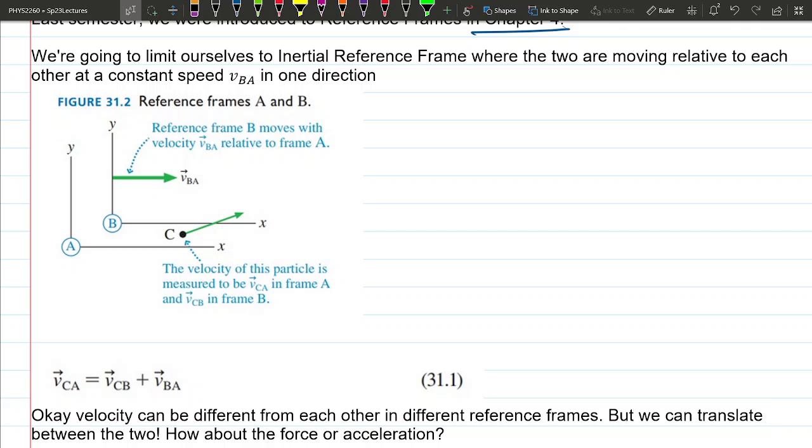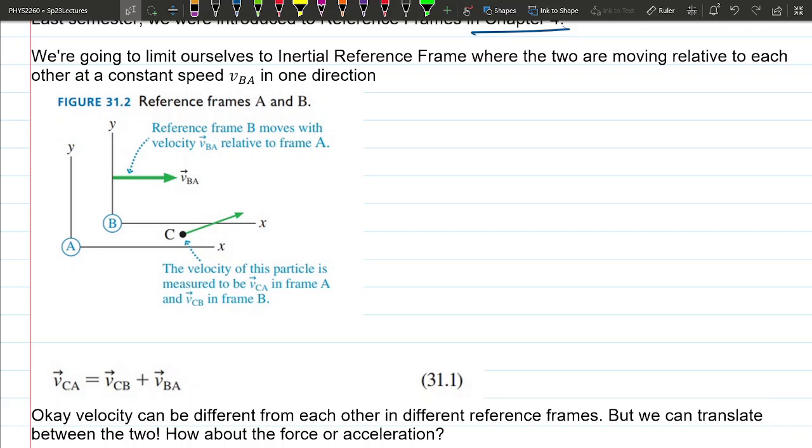This is the person that's moving, and this is the reference frame we're looking at. If Alec is sitting still on the sidewalk and Brittany is running along the street, then V_BA denotes her velocity in the sidewalk's, or Alec's, frame, but it also denotes how the two reference frames are moving relative to each other.